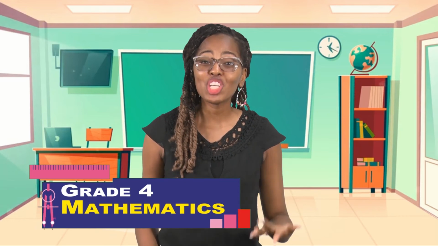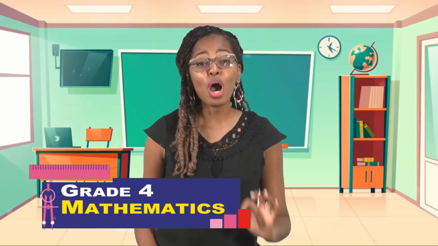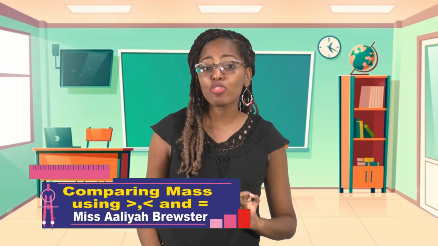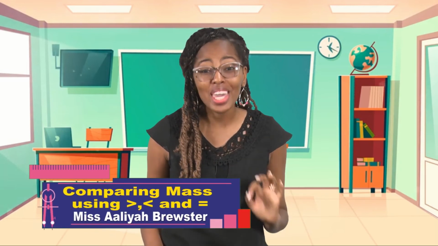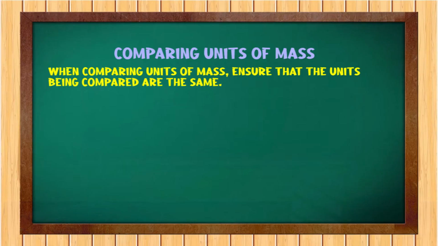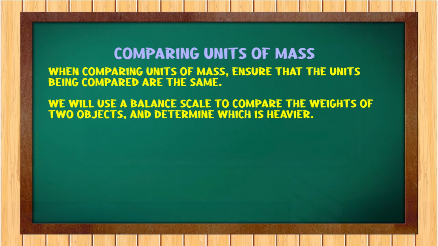Now that we have a general understanding of how to convert the various units of mass, it's time for us to learn how to compare the units of mass. When comparing units of mass, we have to ensure that the units being compared are the same. We will use a balance scale to compare the weights of two objects and determine which is heavier.